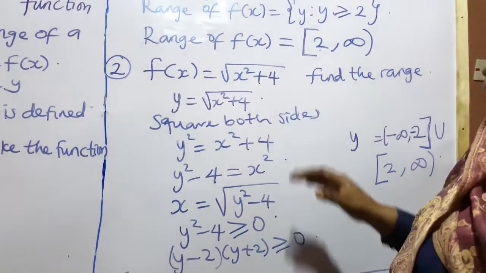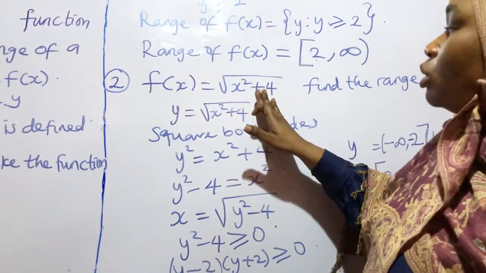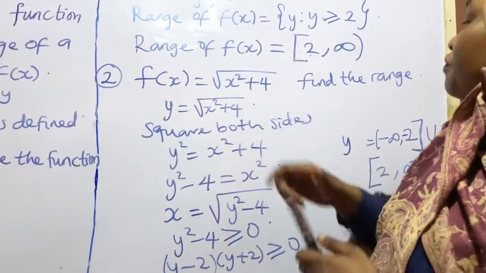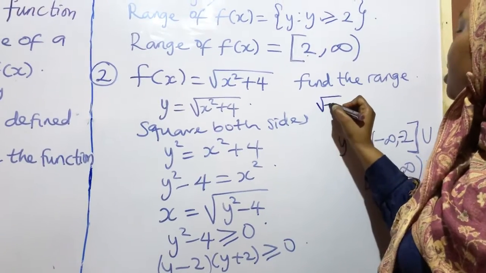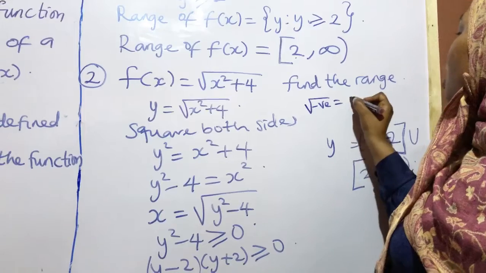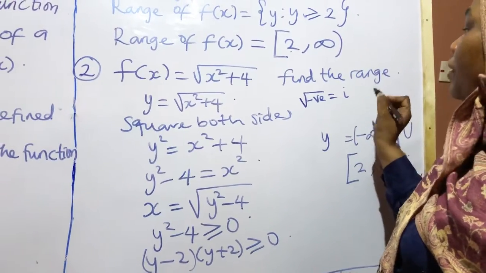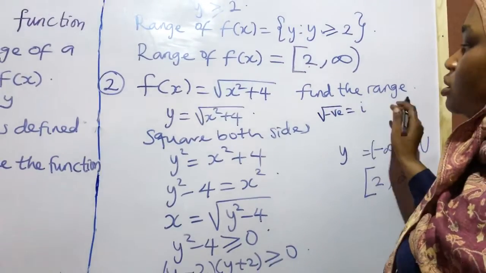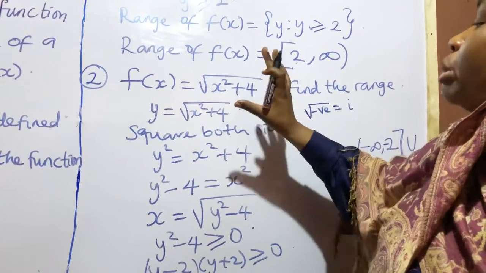We know that this square root cannot give us a negative answer, because if we have the square root of any negative number, it will be an imaginary number. So that means this cannot produce negative.